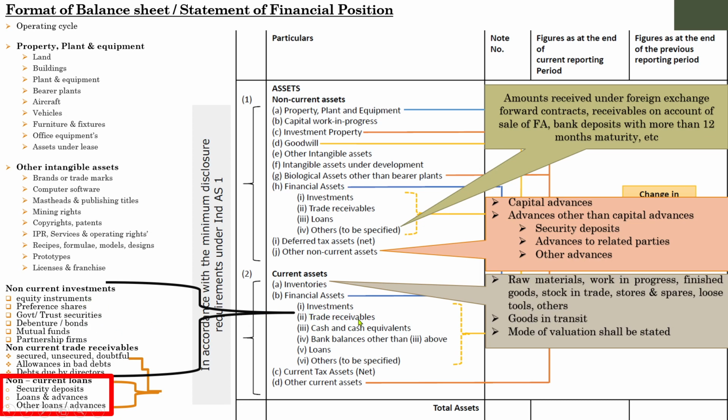So when it comes to trade receivables, again it consists of these categories: secured trade receivables, unsecured trade receivables, doubtful trade receivables, allowance that has to be considered, any debt due by directors. All these categories come under the trade receivables also. The thing is, their period will be less than 1 year.